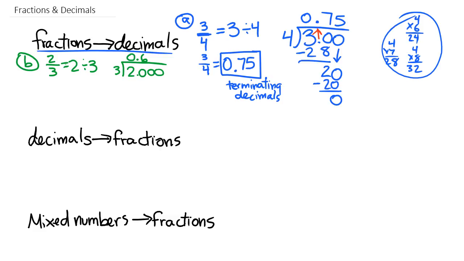So 6 times 3 is 18. When we subtract, we get 2. Drop this down. How many times does 3 go into 20? Well, we just did that, it's 6. And what you start to notice is that we get this infinite pattern of 6s. Maybe we should go one more: 18, 2, 0, drop that down.